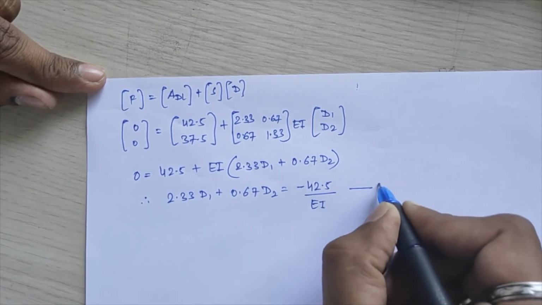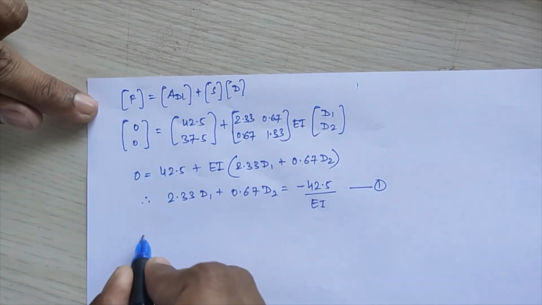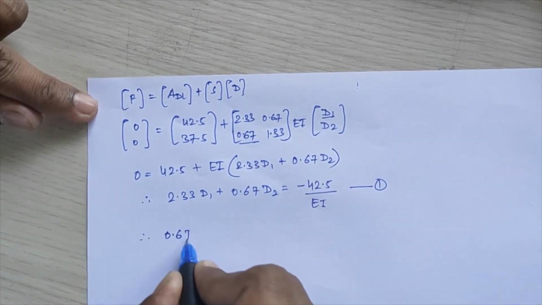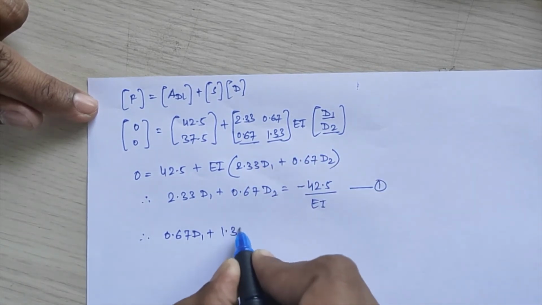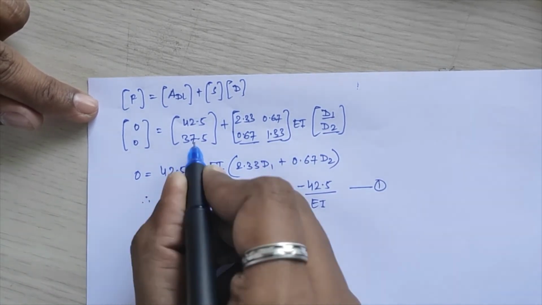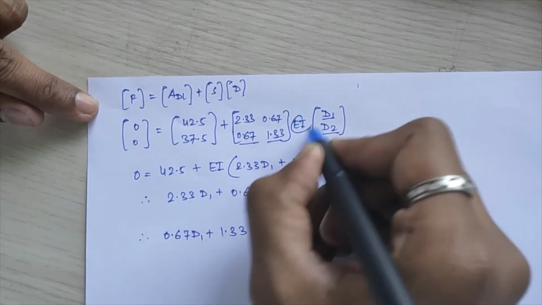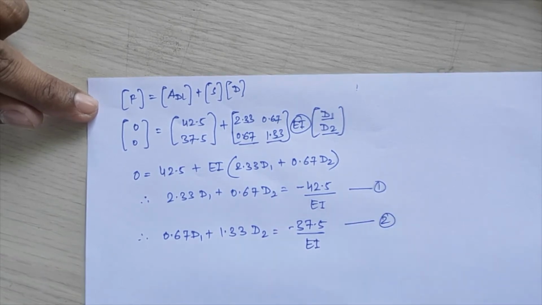I will call this equation number 1. Same way, if I solve the second equation, I will get 0.67 of D1 plus 1.33 of D2 is equal to, after going to LHS, minus 37.5, and EI common will get divided. This will be my equation number 2.